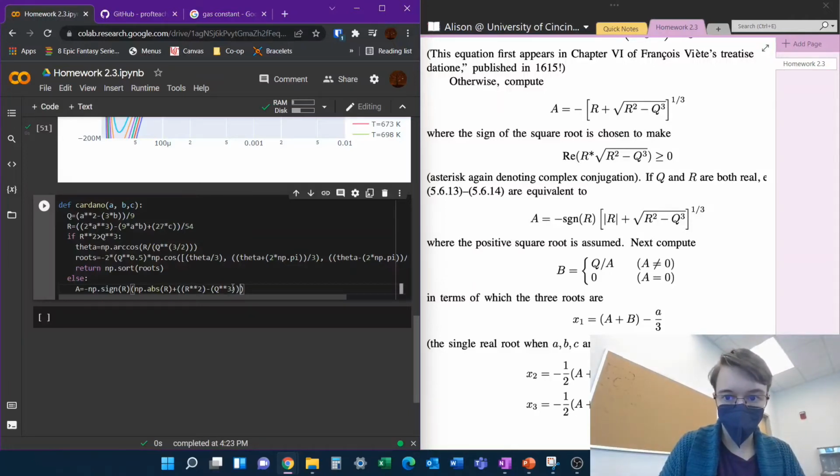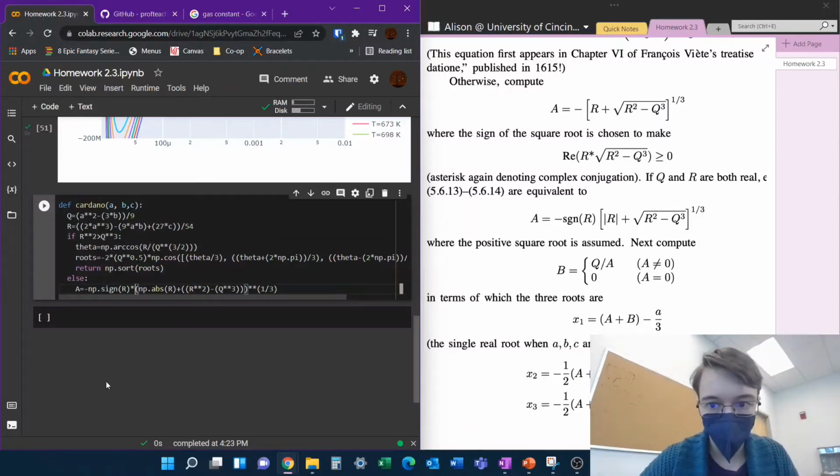Right, and then 2, and inside all of that, we're going to have that to the 1/3 power. Right, so I'm going to need a multiplication sign there.